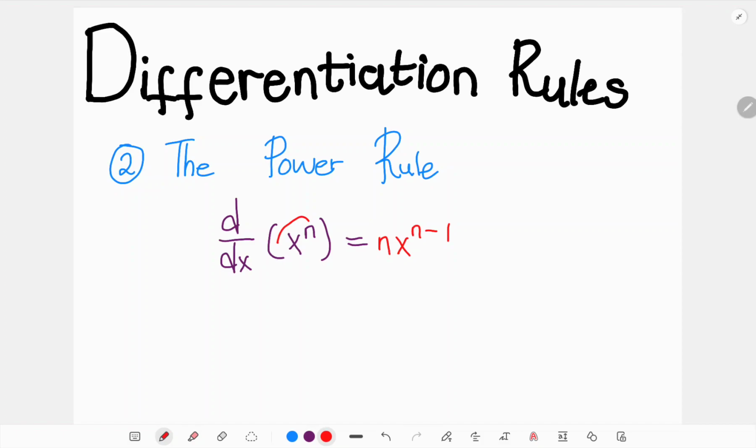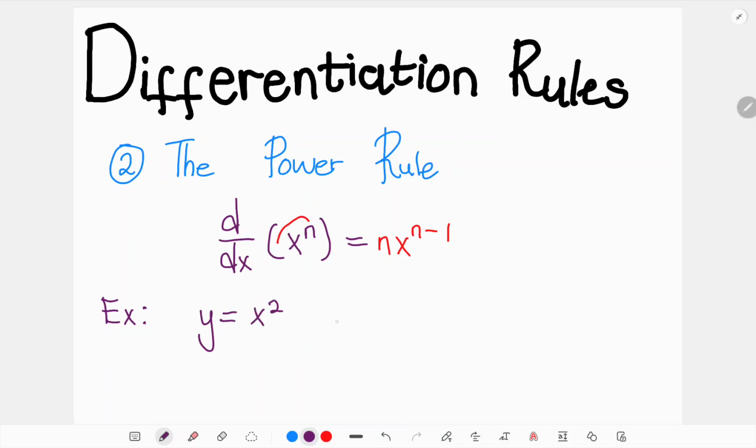For this law, I will just demonstrate it with examples for a clear understanding. A quick example on the power rule: let's say we are given y equals x squared.